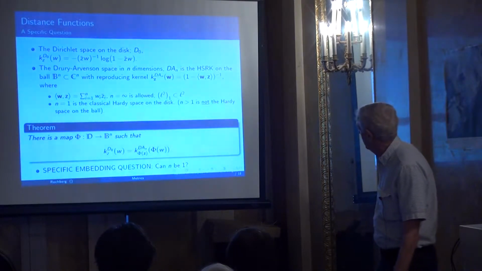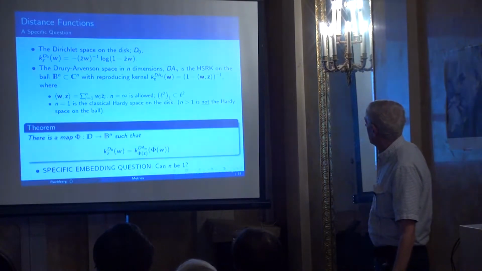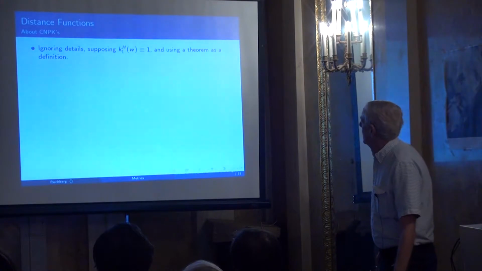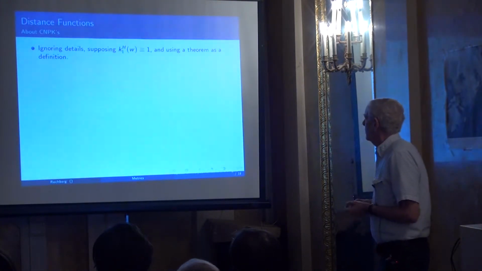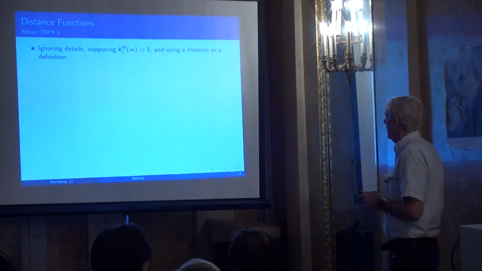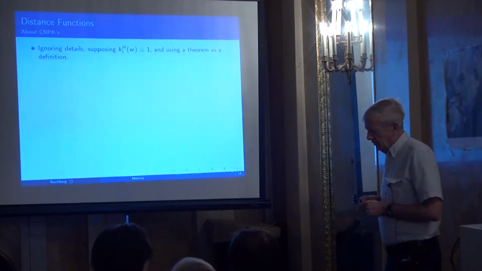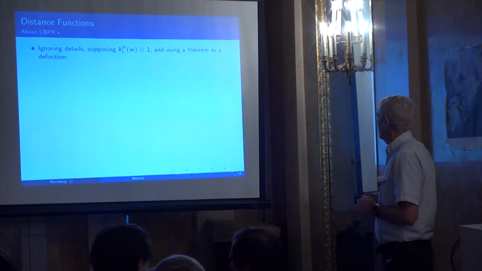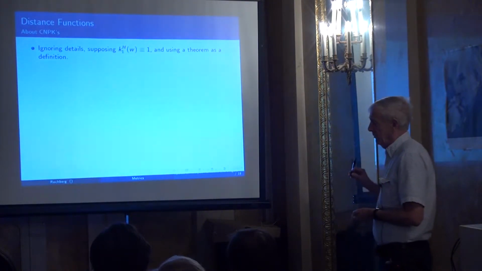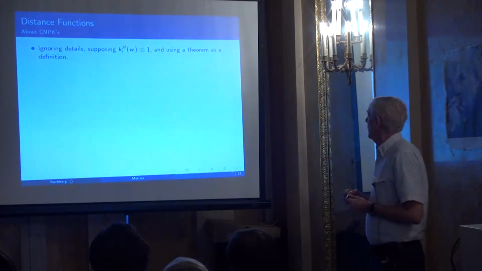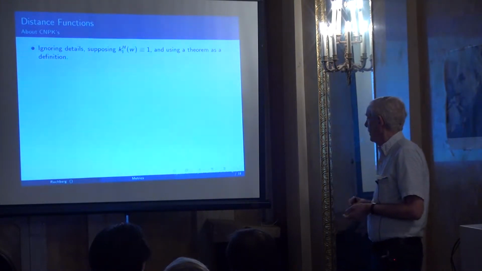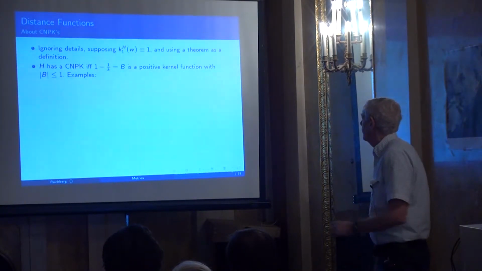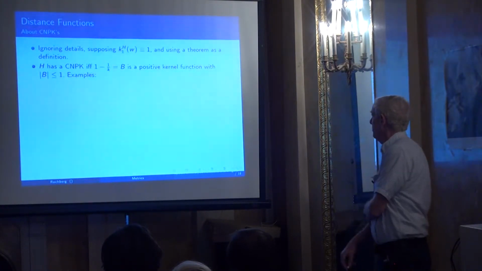So what I want to do first is tell you a bit about the context. So ignoring details, I want to tell you a bit about Hilbert spaces with complete Nevanlinna-Pick kernels. There's a normalization in the theory that is best not focused on, and I will get rid of that normalization by supposing that the reproducing kernel for some space of holomorphic functions on the disk, the reproducing kernel for the origin, is the function identically 1, in which case here's a statement that describes a Hilbert space with a complete Nevanlinna-Pick kernel.